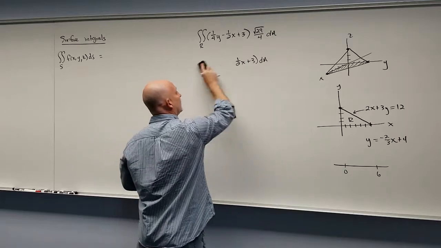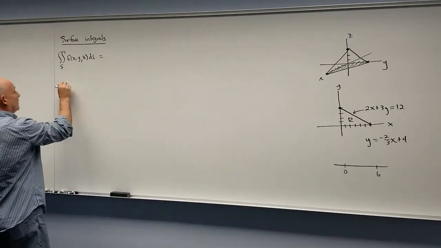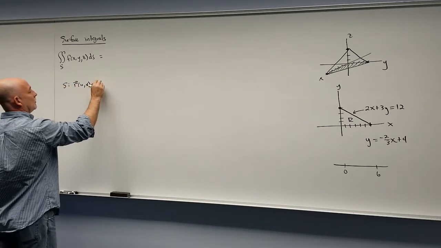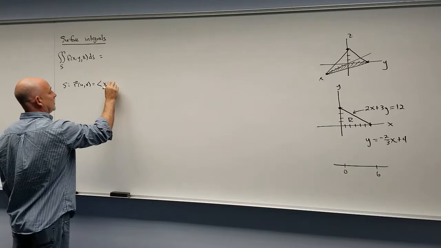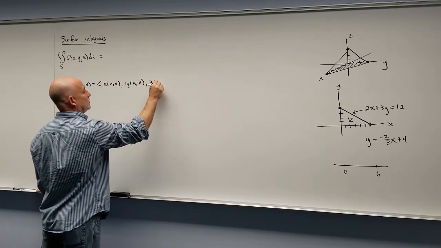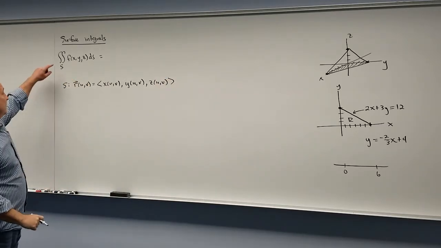Well, we know for parametric functions, our surface S is defined by some r of u and v, which is some x of u and v, y of u and v, and z of u and v. So all we have to do is translate that up here.